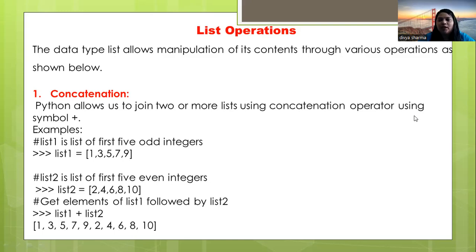Suppose we write a list in square brackets. It can be 1 2 3, it can be Divya, Rahul. Means that a list can contain data elements of any kind. We also discussed how we can access any particular element from a given list. So in today's video we are going to discuss list operations.